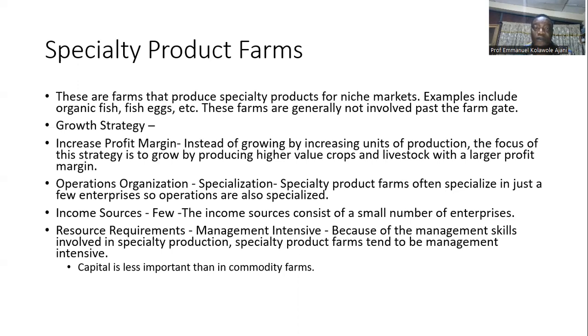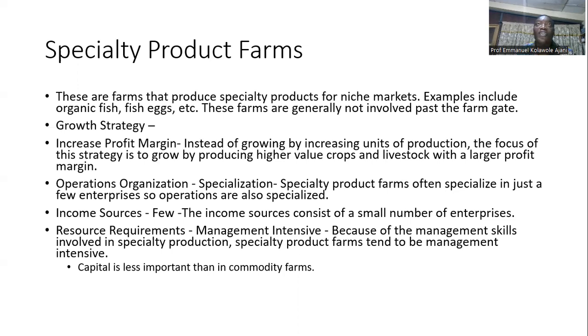Then the operational organization: the specialty product farm often specializes in just a few enterprises. So the operations are also specialized. Income sources are few, because they're linked only to a small number of enterprises. The resource requirement is management intensive, because you have to have the skill.